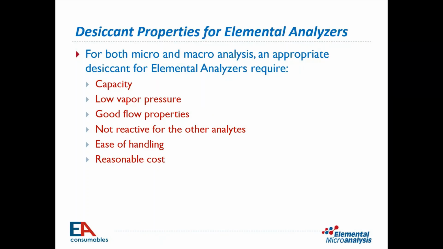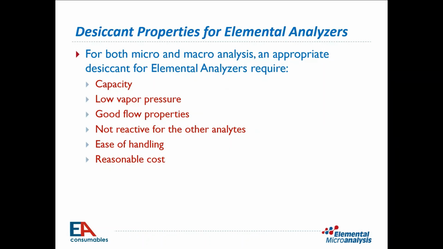It also needs to have good flow properties, both when it's dry and when it's near water holding capacity, because all of our elemental analyzers are gas flow systems. If we disrupt the flow rate, we're disrupting the accuracy of the analyzer. And we also have to have it not reactive with other analytes, such as the N2, CO2, SO2 of the sample. Ease of handling, that is, easy to fill these tubes, easy to empty them, and they should be of a reasonable cost. So those are the goals of what we're looking for.